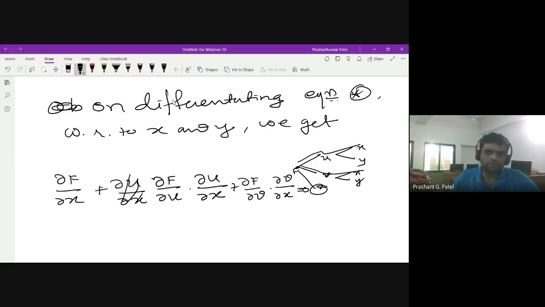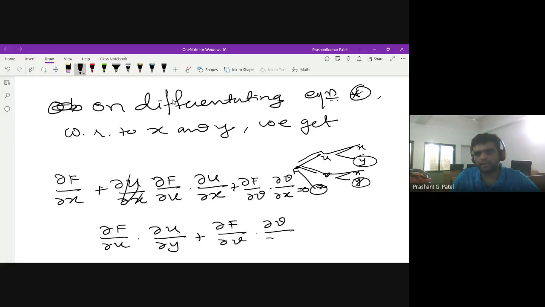And if you differentiate with respect to y, we have only two terms: ∂F/∂u into ∂u/∂y plus ∂F/∂v into ∂v/∂y equal to 0. Now we have to eliminate one of the partial derivatives from these two expressions. There are many ways to do this.